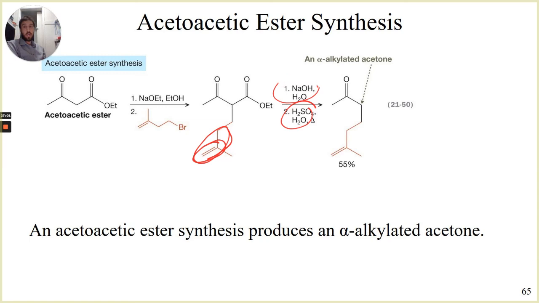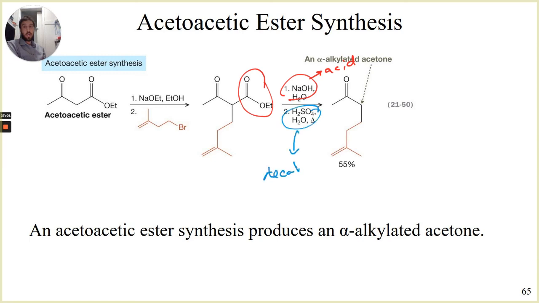So that might be a good reason why we try to convert the ester into the acid before we do the decarboxylation. Okay. And then referencing back to these, this was our SN2. This was our activate nucleophile.